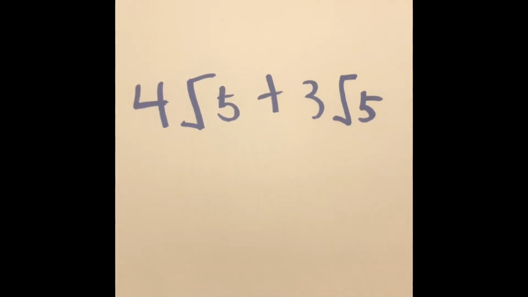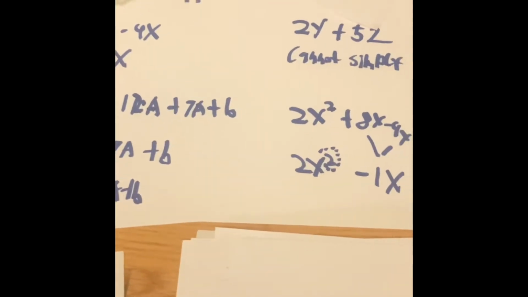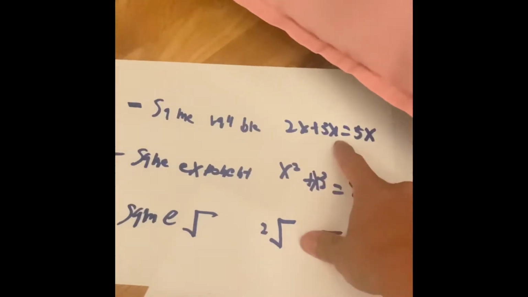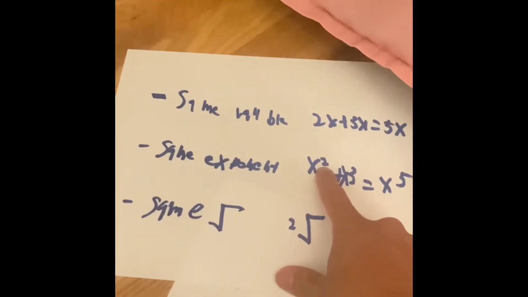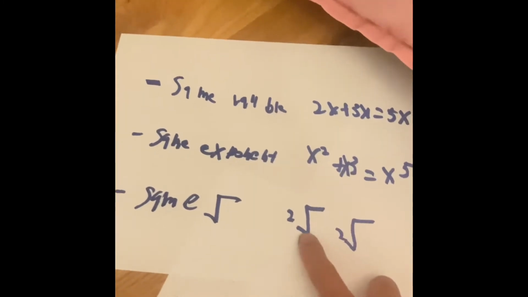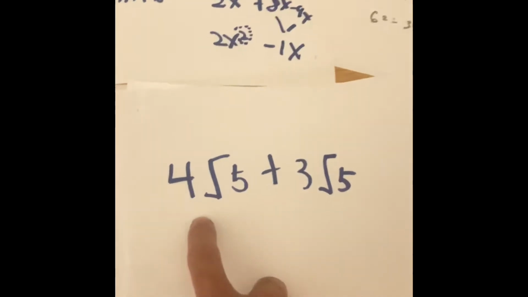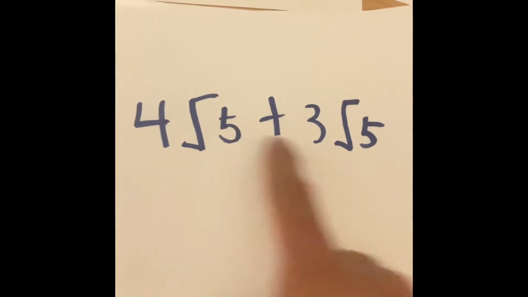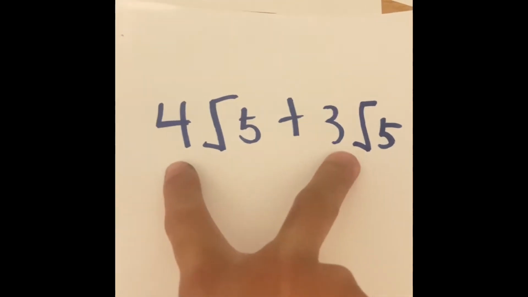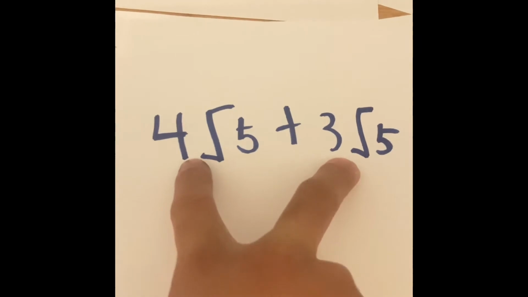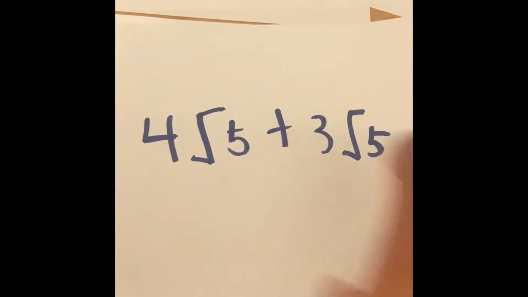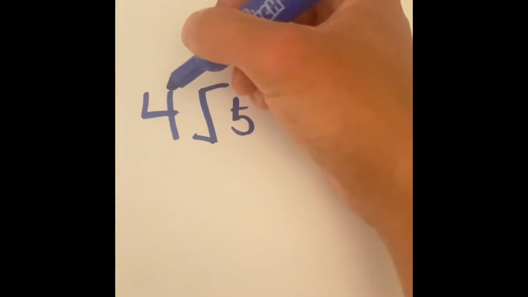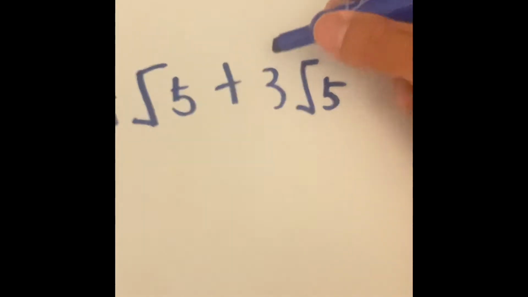You see how in the warm-up we were combining like terms if we had the same variable and the same exponents? Since this is a 5 and that is a 5, the 4 and the 3 are multiplying the same square root of 5.